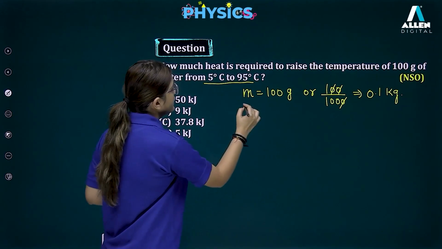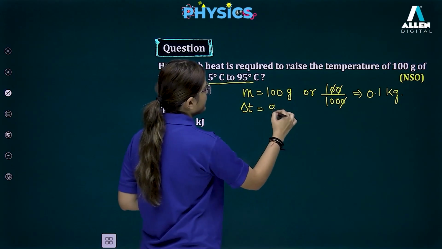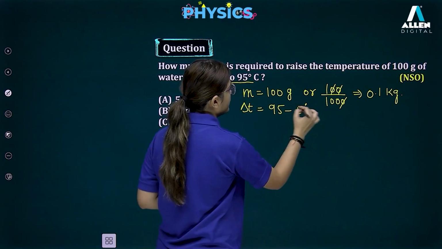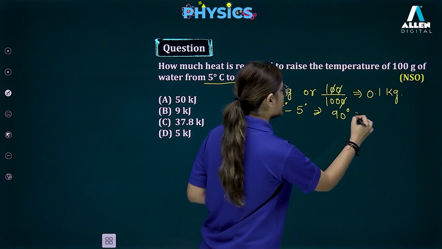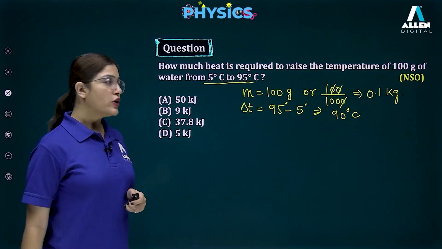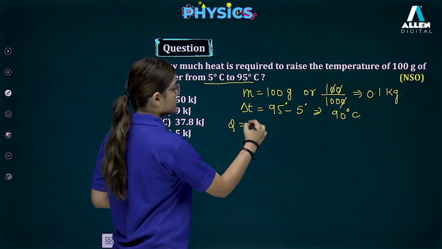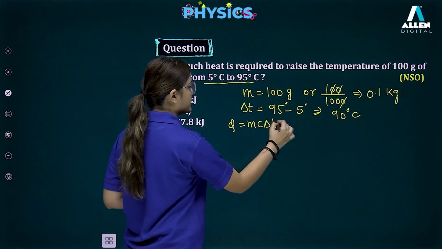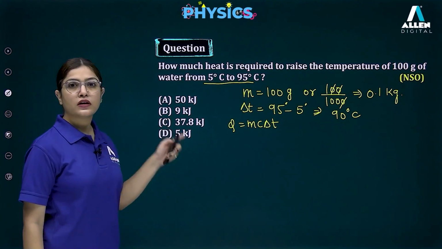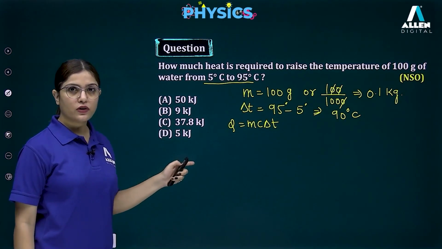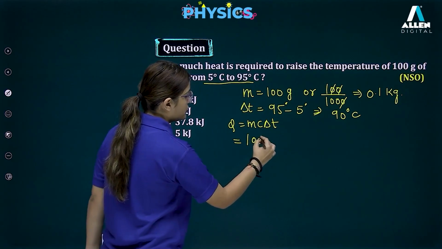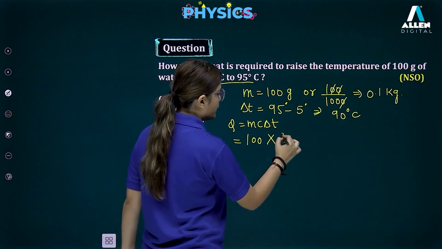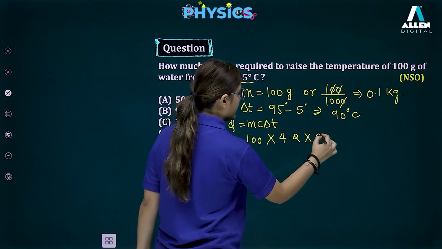Delta T will be 95 minus 5, so we get 90 degrees Celsius. Again we know the formula, Q is equal to m c delta T. Looking at the options, we have to find the value in kilojoule. M is 100, and 4.2 multiply 90.